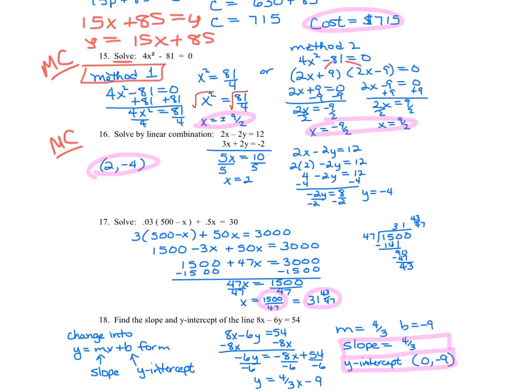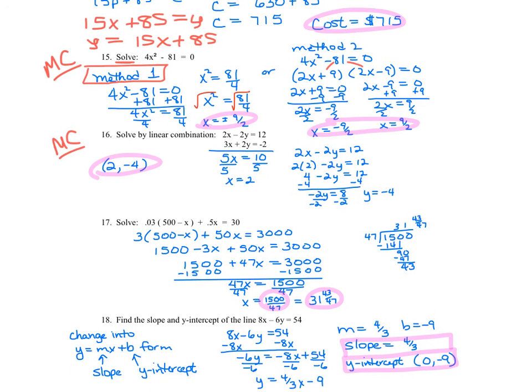Number 17, this one is solving this. This is a free response question. Again, what I did was I multiplied my entire equation by 100 to clear the decimal point, or essentially just move the decimal point 2 times on all of the terms.